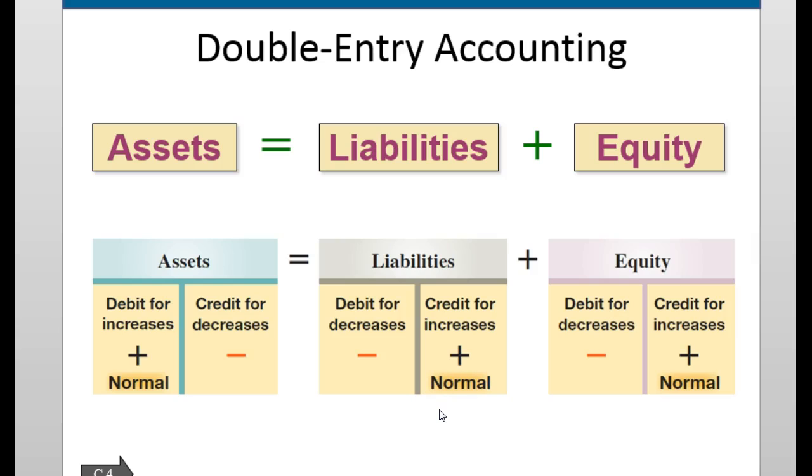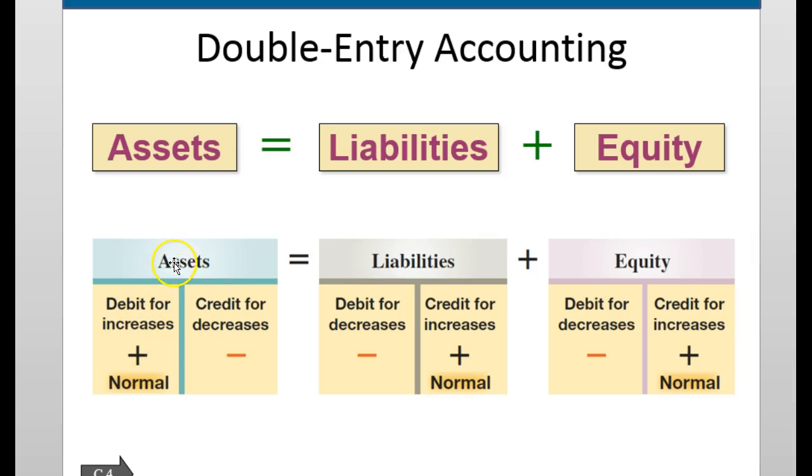So, the pure definition of a debit and a credit: debits and credits are literally a position in an account.